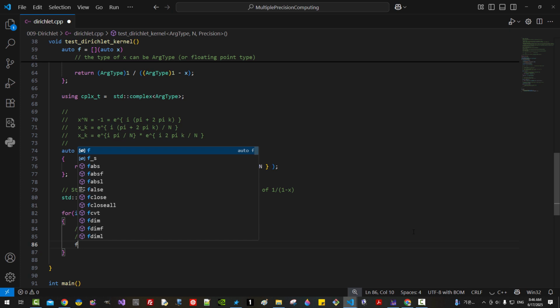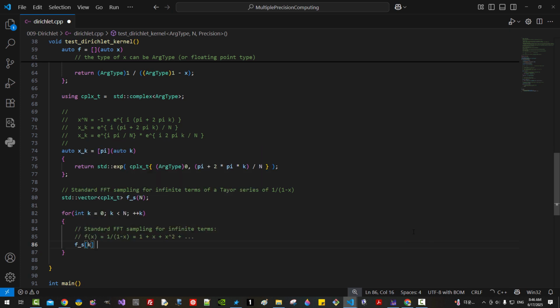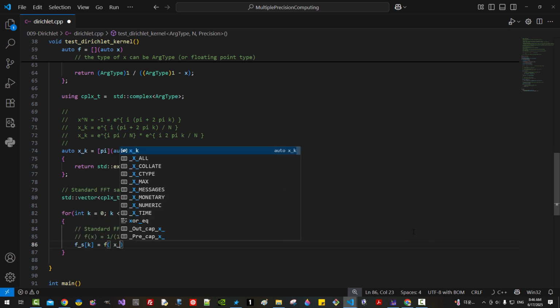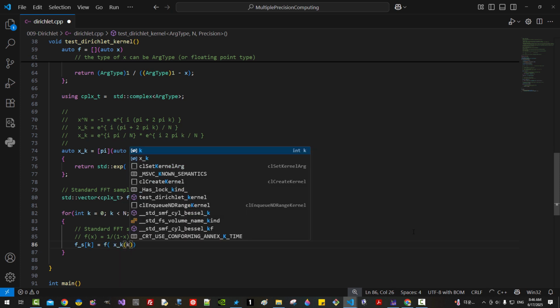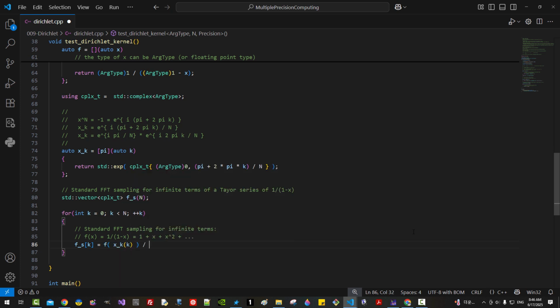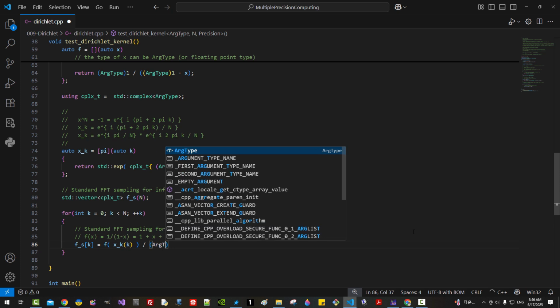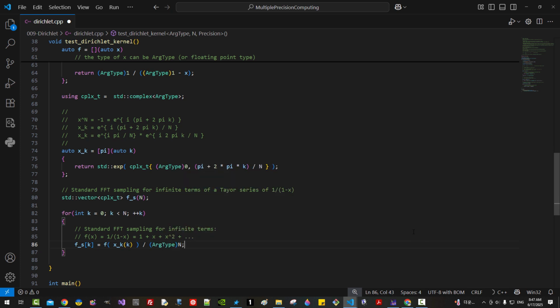Then fs k equals fxk. We pass k over ARG type n. This x underscore k is defined here.